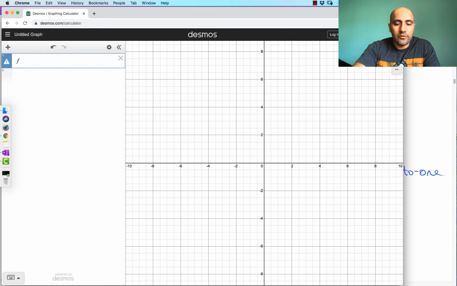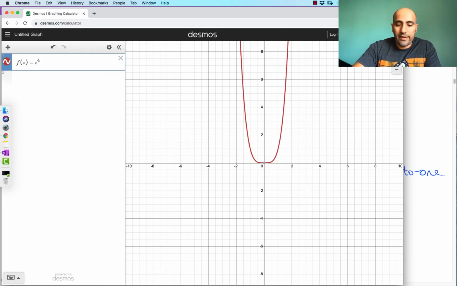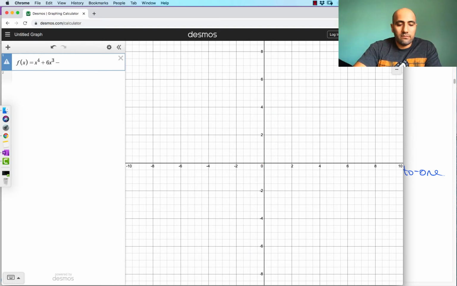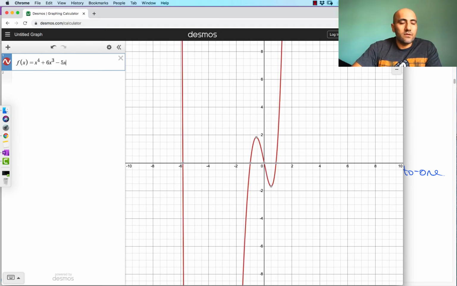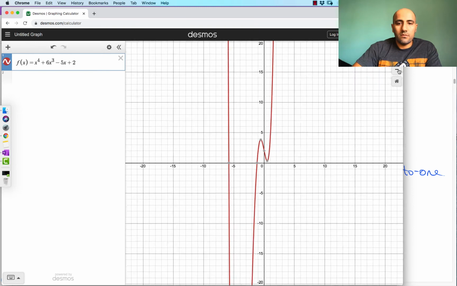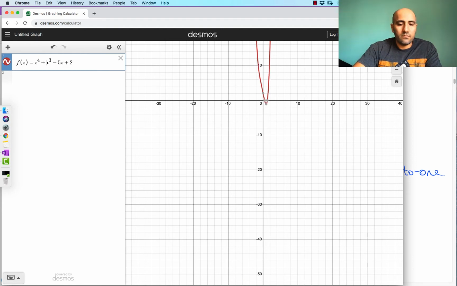So let's just throw a random polynomial here. f of x equals x to the fourth power plus 4x to the third power minus 5x plus 2.